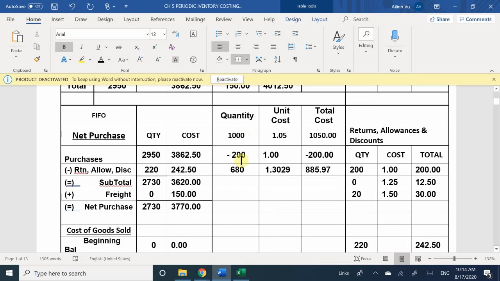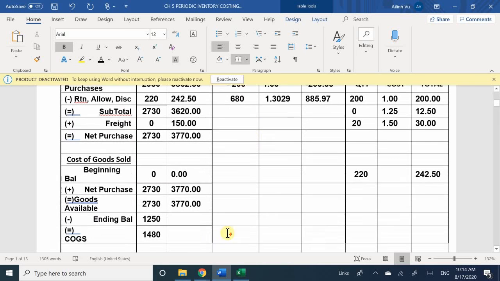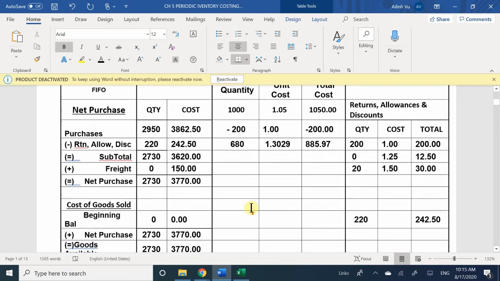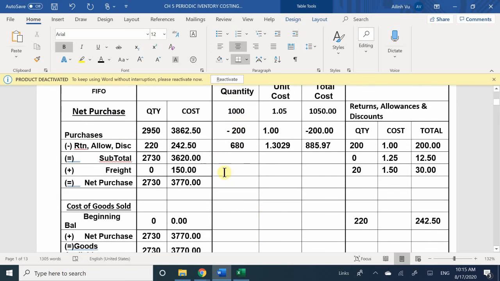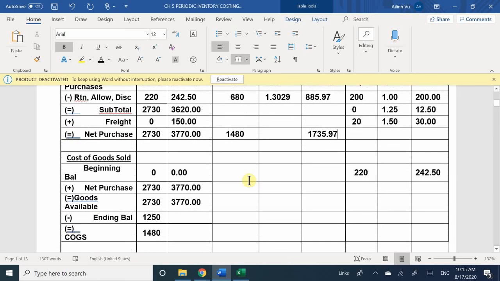Yes. So what is my grand total here now? If I were to add up the sums, this should be what? 1480? And what is my total price here? 1735.97. 1735.97. Okay? So that's your ending inventory right here.